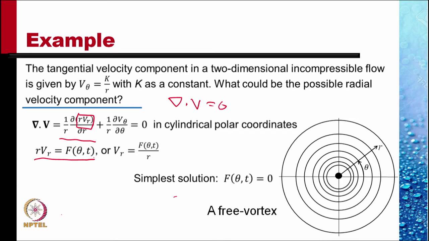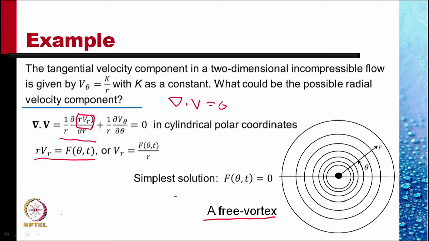The fluid particles are going around in circular paths with only v theta velocity, which also decreases as r increases. So the velocity near the origin is very large, and the velocity dies out as 1 over r as r increases.